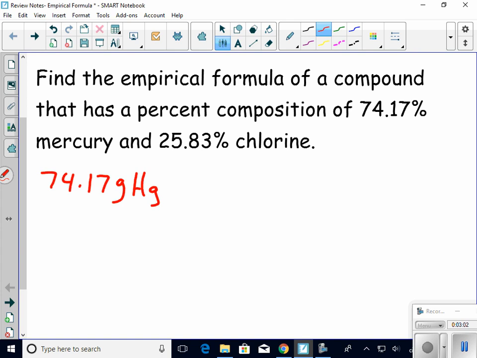In order to compare my 2 percentages, which I'm putting into grams, I need to convert to moles. So I'm just going to flux capacitor this to moles.